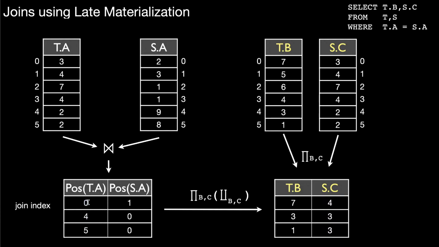So I keep the row IDs across both of those relations that match. And that is called a join index. So I didn't produce the actual join result in the sense that I kept the attribute values that I'm interested in, but I just kept positional information on which row from input T matches with which row from input S.